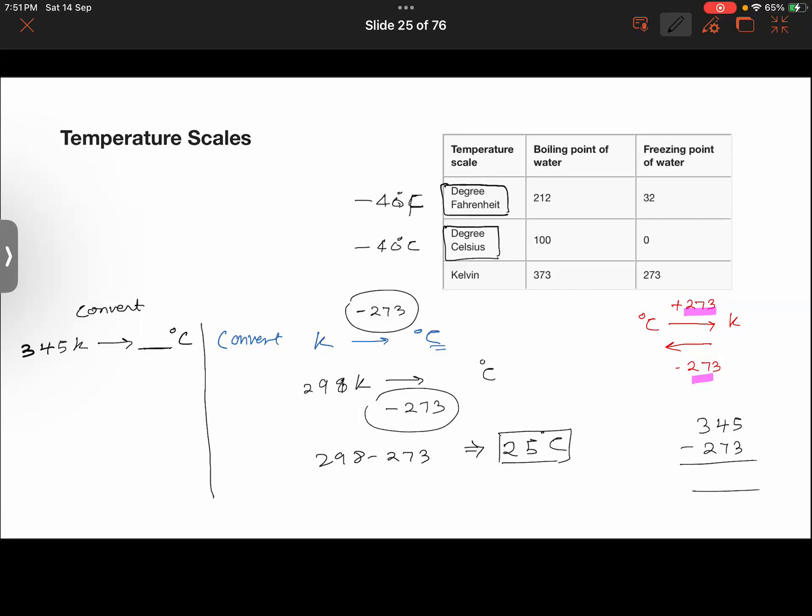Suleiman, you still haven't answered it. Yeah, it is correct. That is 72 degrees Celsius. So 72 degrees Celsius is what 345 Kelvin will be equal to in the Celsius scale.